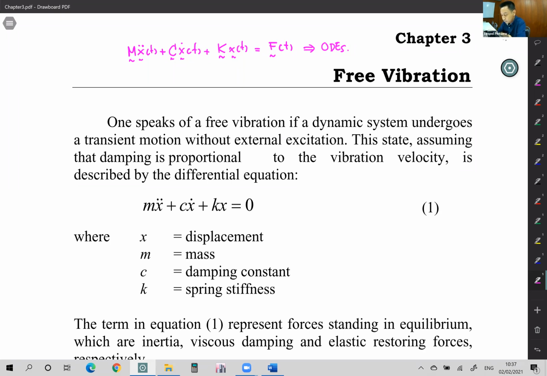You cannot solve one equation by one equation. You have to solve every equation at the same time.